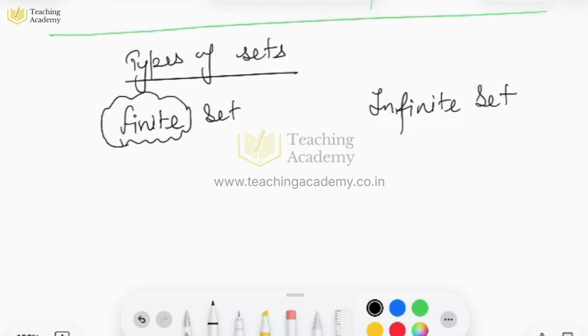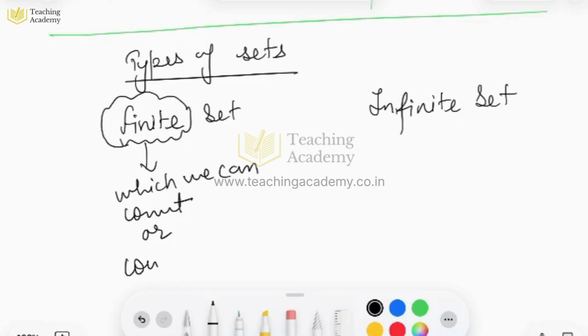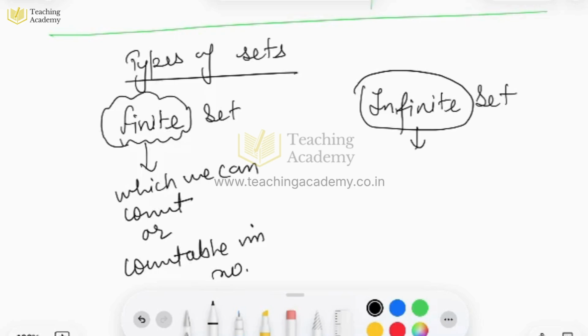Finite basically stands for numbers which we can count, or which are countable in number. And this word itself says that these are uncountable and infinite in number.